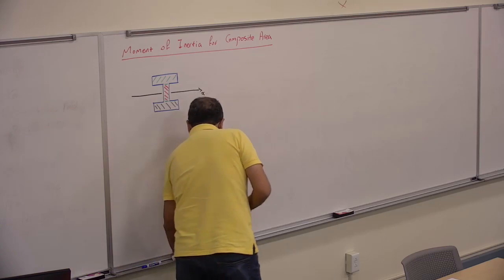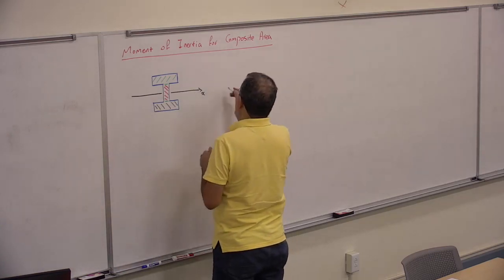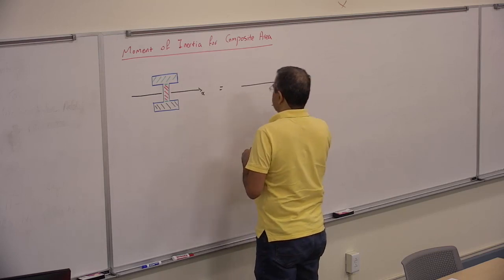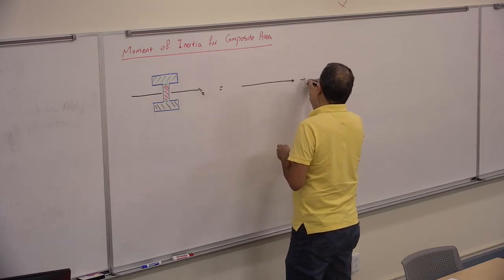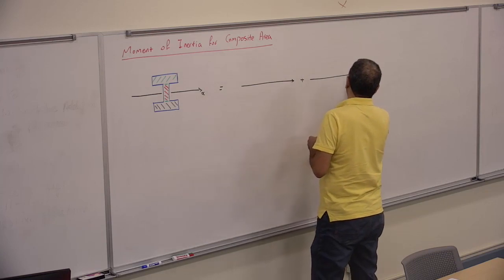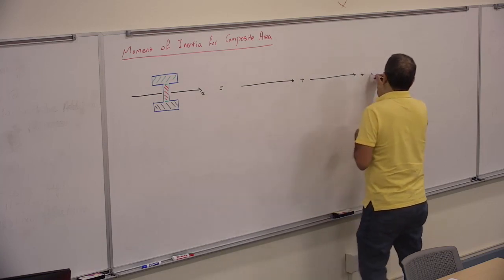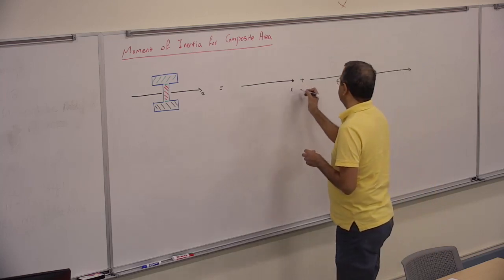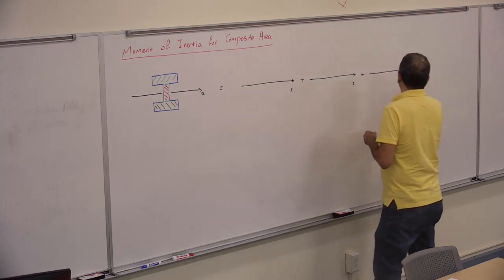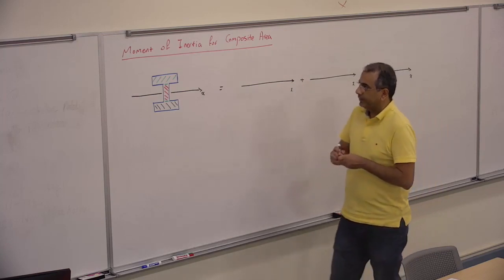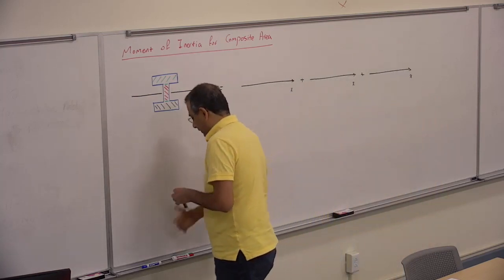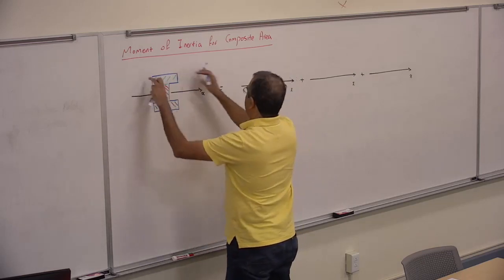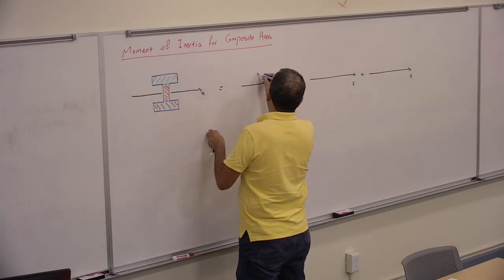So I will say this one is equal to my axis plus plus. So this is my x-axis. And I'm going to have three shapes of that. The first one is the one that's sitting out there.